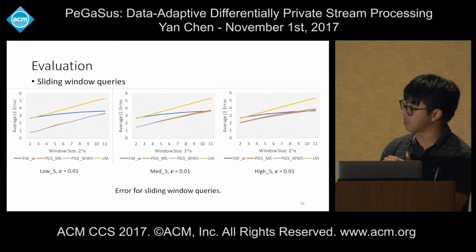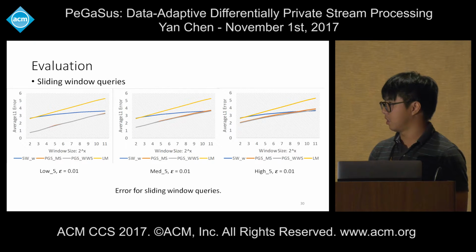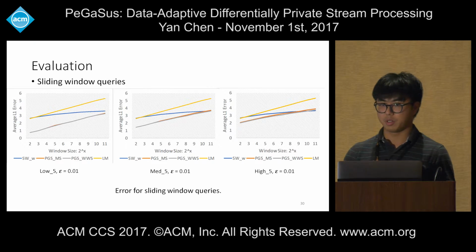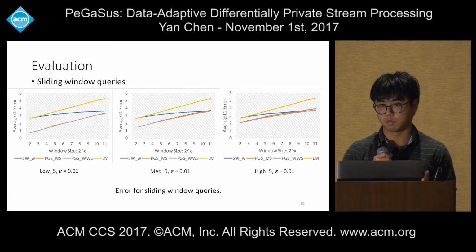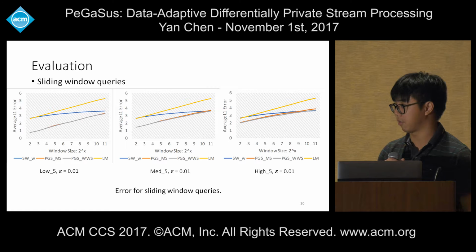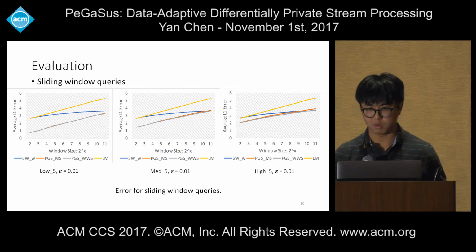The green line and the orange line are our Pegasus-based algorithms. The only difference is that the orange line uses a smoother designed for unit counting queries, but in the green line, we use a smoother designed for sliding window queries. Here you can see that for all different settings, the Laplace mechanism works the worst for all window sizes.